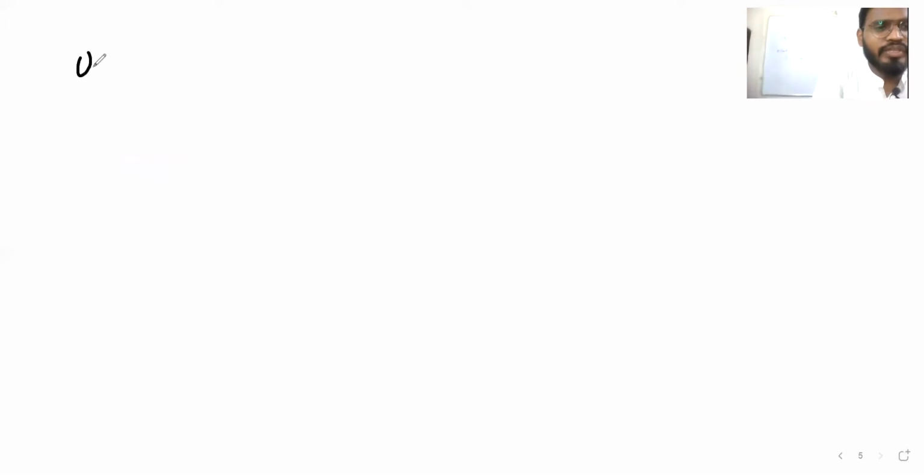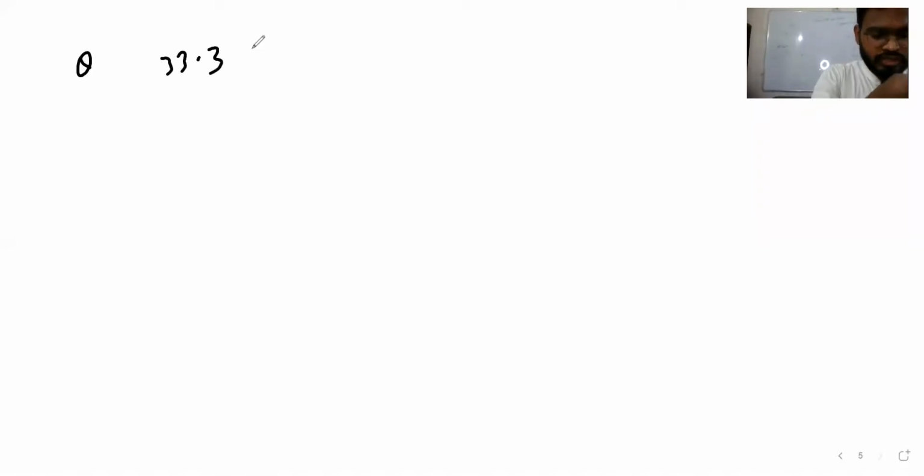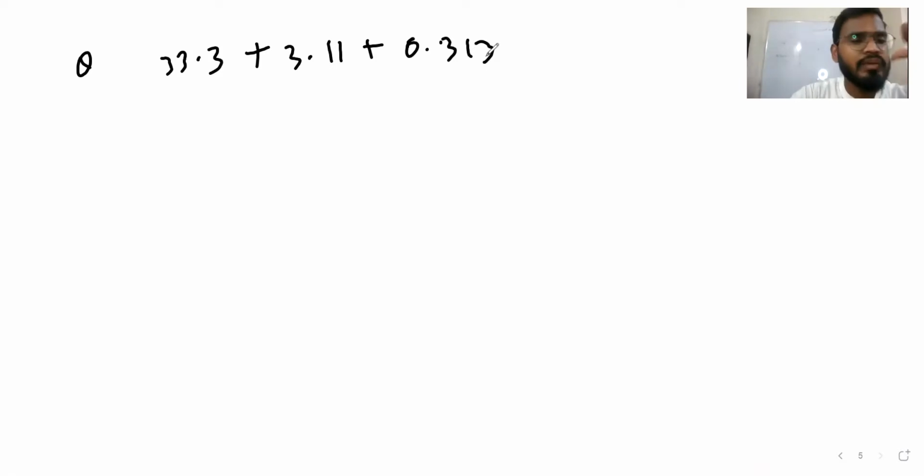Let's take one question: 33 plus 3.11 plus 0.313. Now, after the decimal, how many digits are there? The least is in 33, so we'll consider one only. That's it.